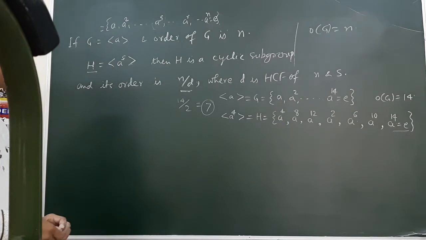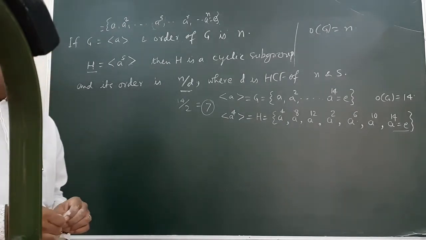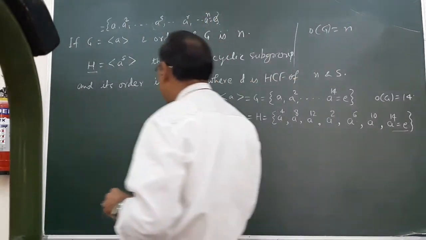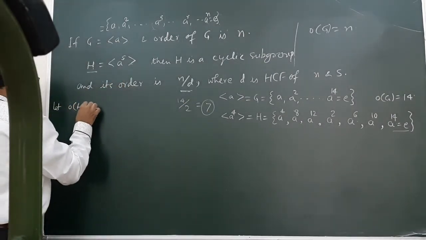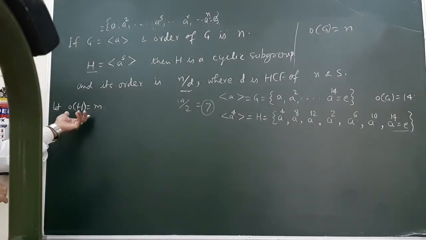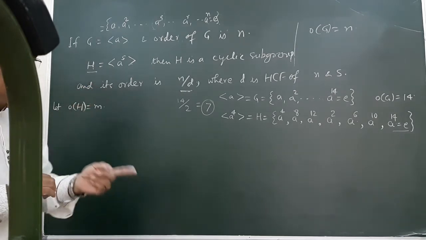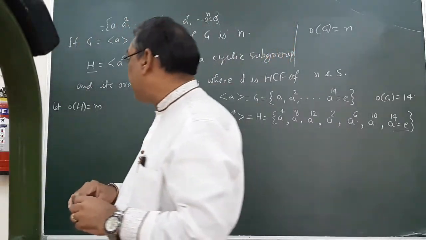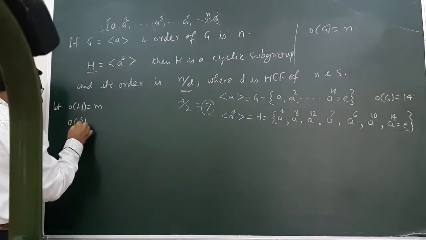Now, mathematically, what we have to prove? Let the order of H be n. We don't know what it is, but it is an integer. The order of H is n, and H is generated by A^S, so the order of A^S is also n.